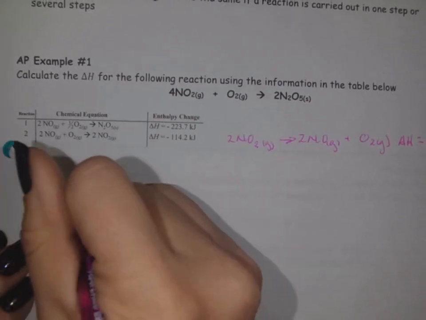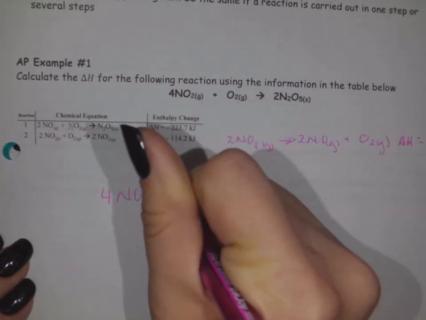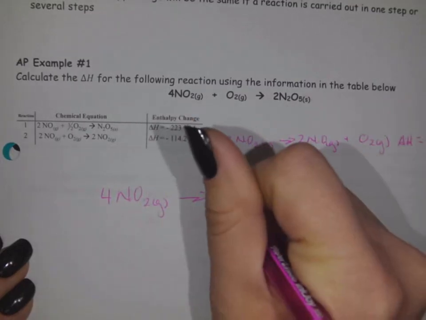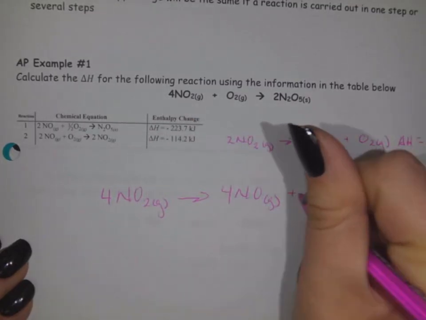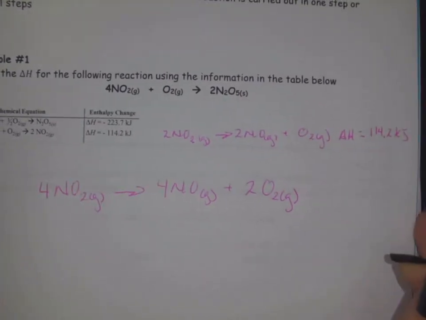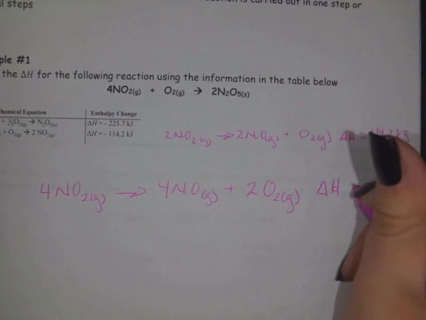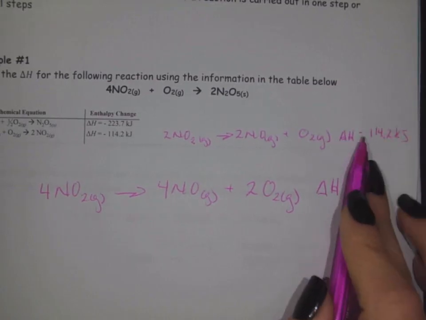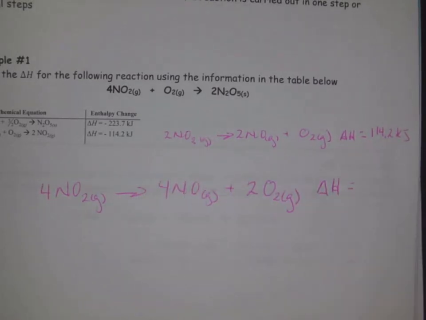So we're going to have 4 moles of nitrogen dioxide results in 4 moles of nitrogen monoxide and 2 moles of O2 gas. The delta H of this new reaction is going to be double that, because I essentially am running this reaction twice.